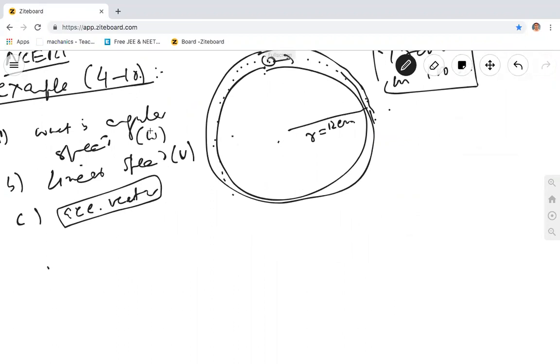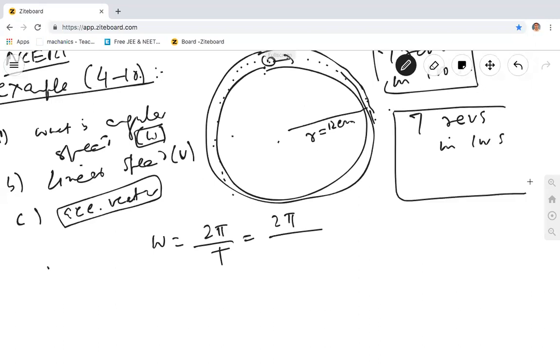Now, I have to find angular velocity. Angular velocity is equal to 2 pi by T. When it makes a revolution like this, 2 pi by T is the angular velocity. But what is T? T is the time period, the time for the insect to make 1 revolution in this circle.